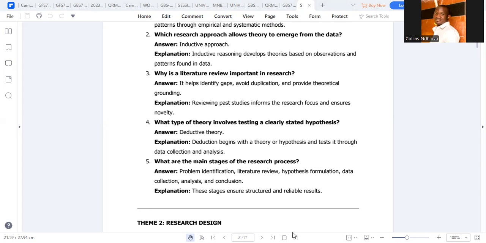So the contextual gap basically refers to where existing studies do not adequately address a specific context or setting. So this gap highlights that there's need for research that considers particular conditions, environments. So under contextual gap, we have the geographic context where research may be abundant in one region and lacking in others.